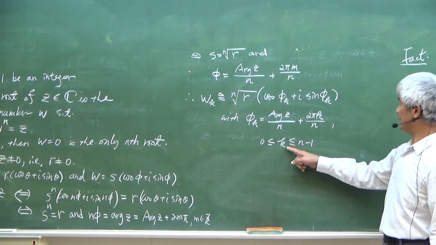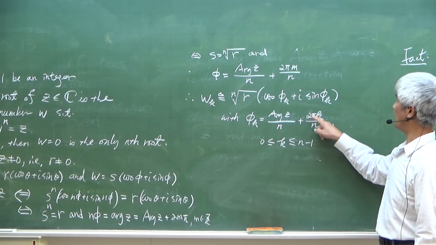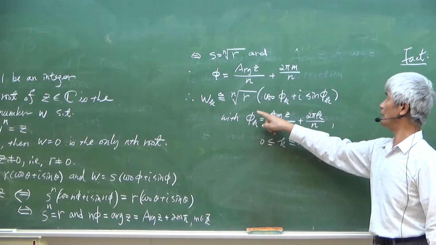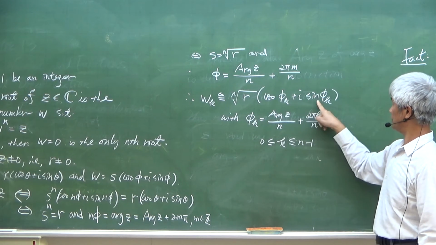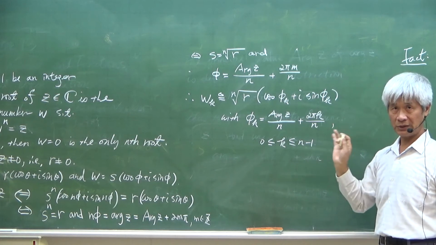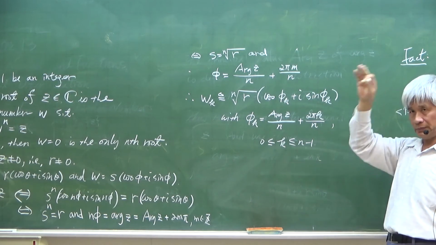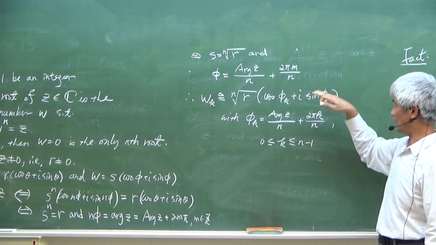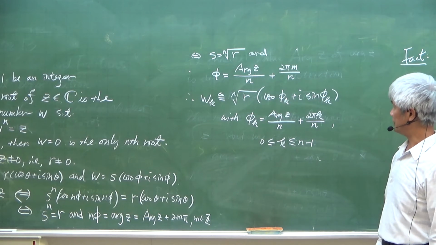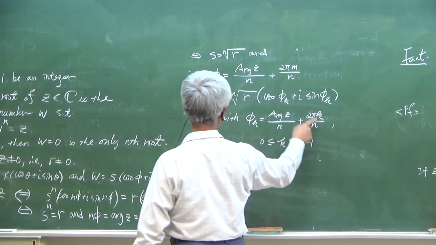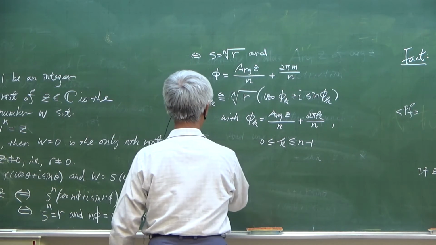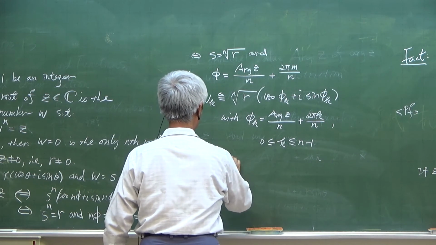Because when k equals n, you have 2 pi, so when you substitute into here, you get the same result. So you will have periodic solutions. So w k are nth roots of z.